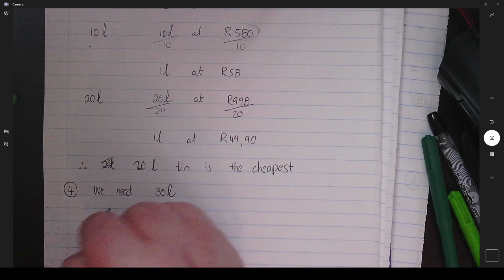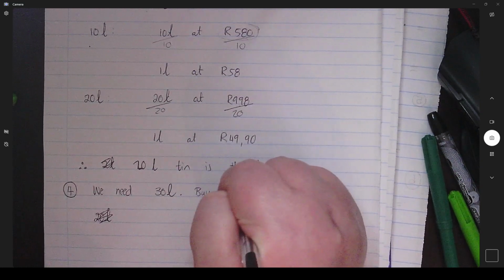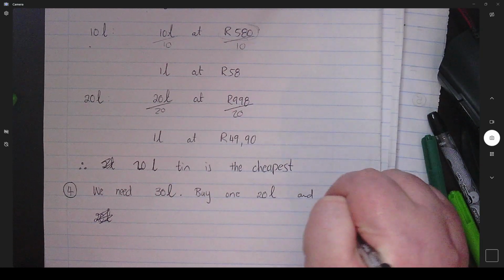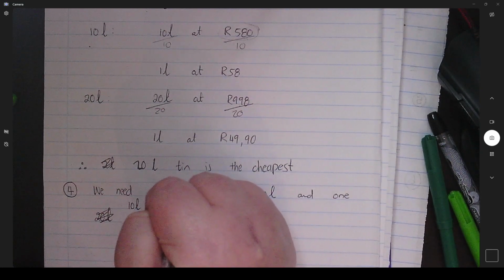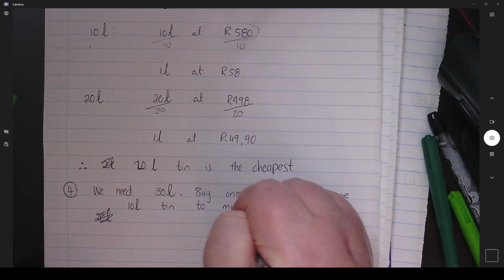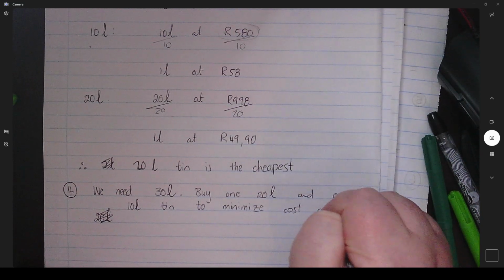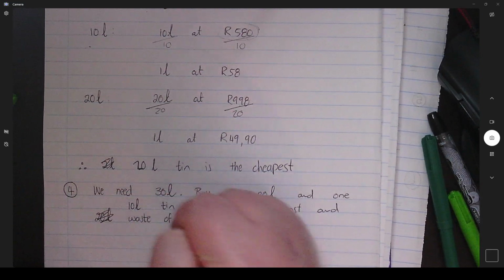So I would say buy one 20-liter and one 10-liter tin to minimize cost and waste of product.